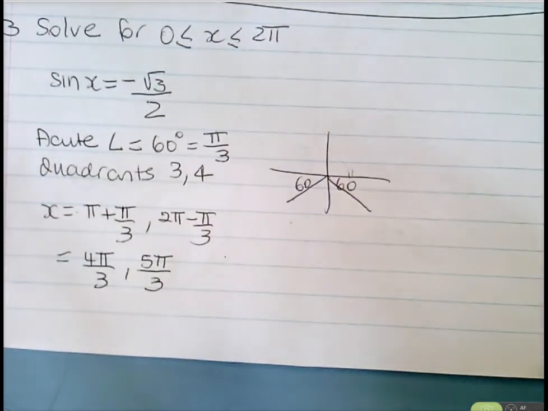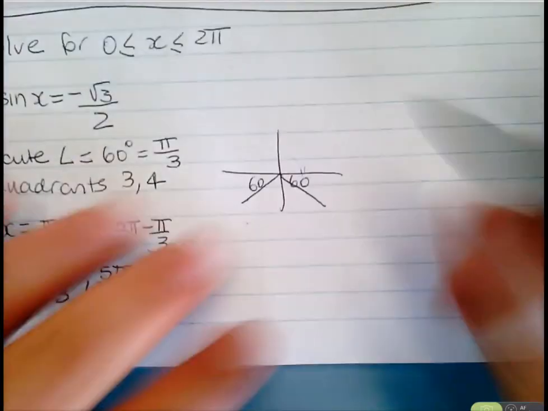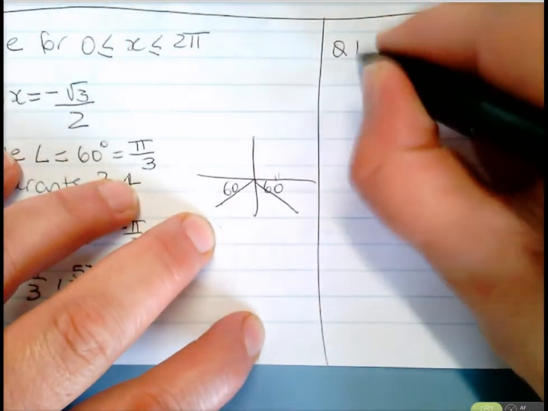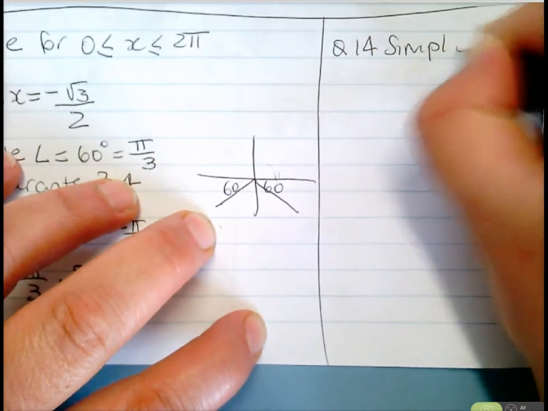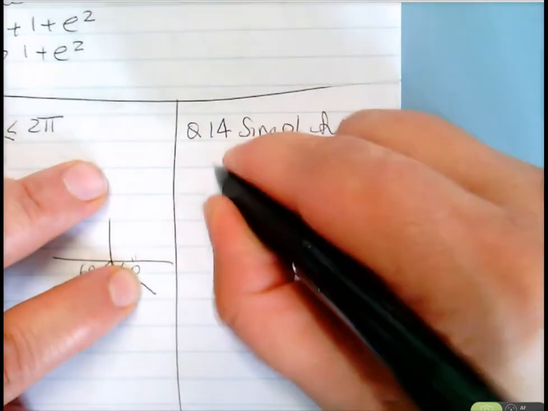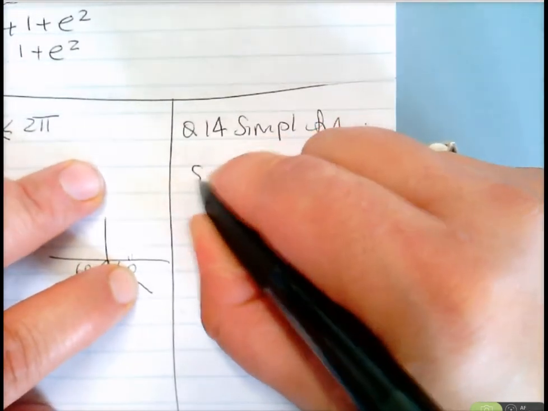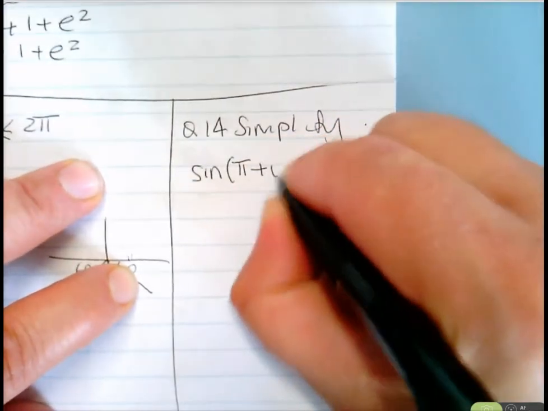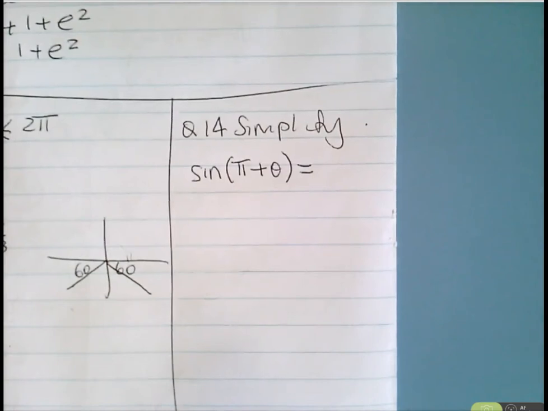Right, next. An example from question 14, simplify something like the following: sine of pi plus theta. What does that mean? What quadrant? It's quadrant 3.